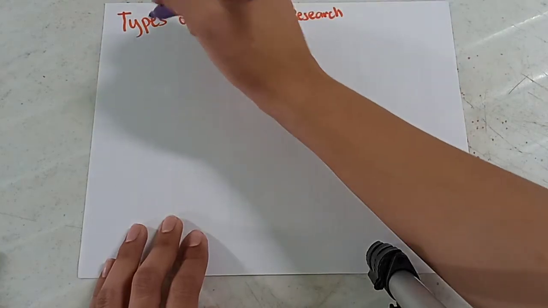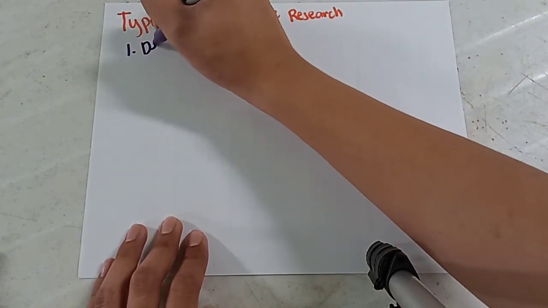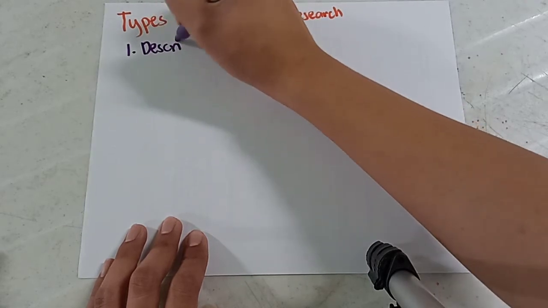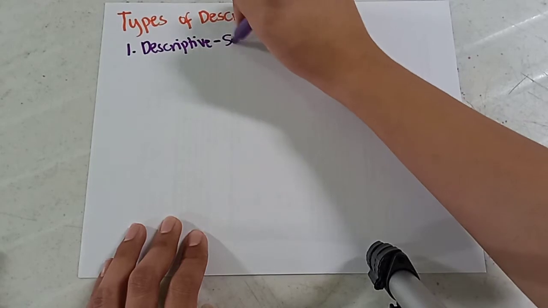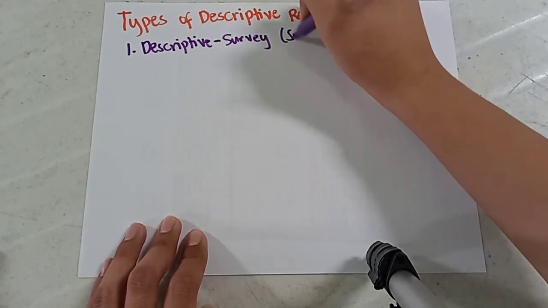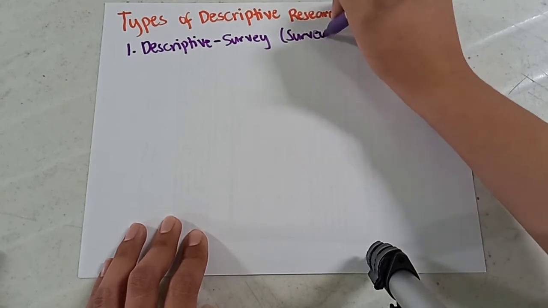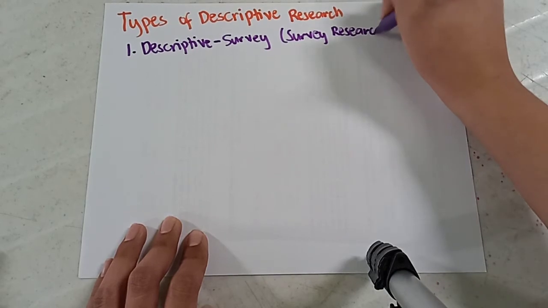So, the first type of descriptive research is descriptive survey. Meaning to say, this is the survey research. Okay?